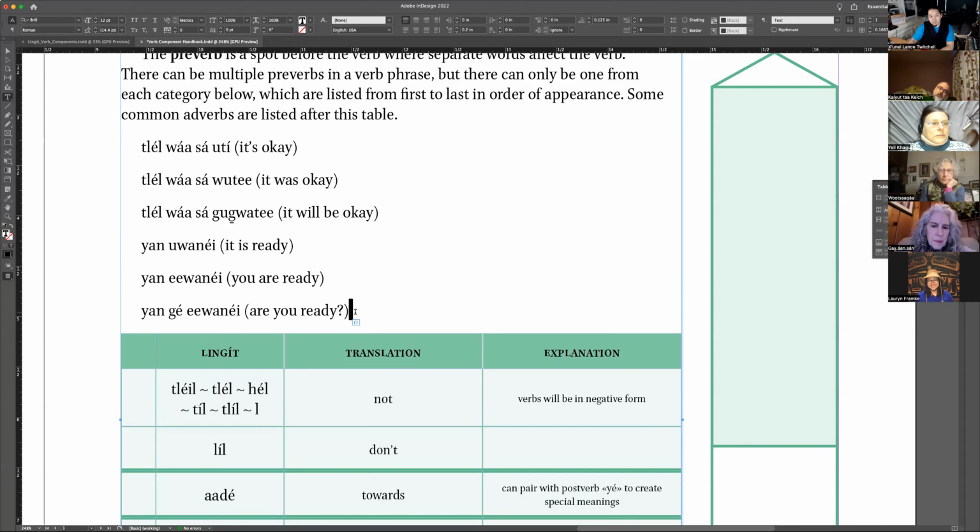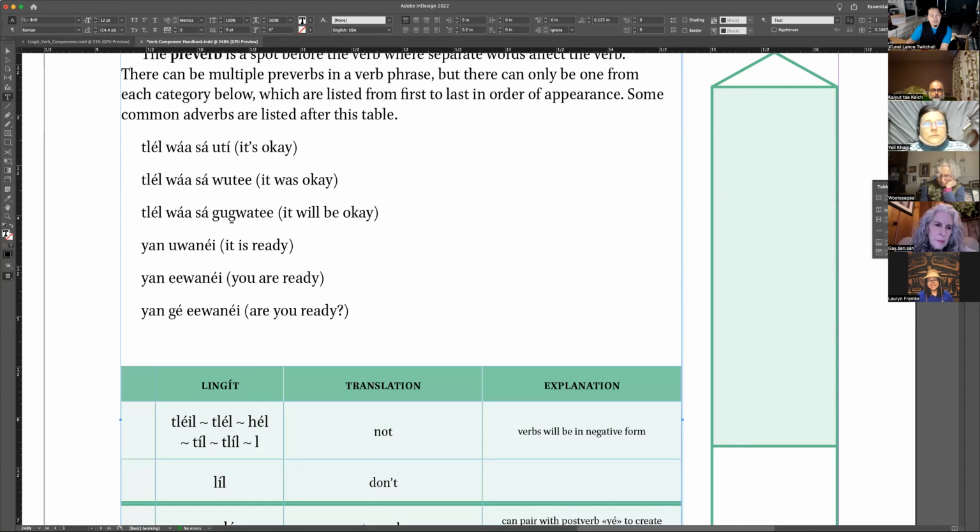But then you could also say, I could say, maybe I'll say no. Where'd my little thing go? So I could say Tlake, I'm not ready. But then I could say, and this is a separate, it's outside, it's in front of the verb.